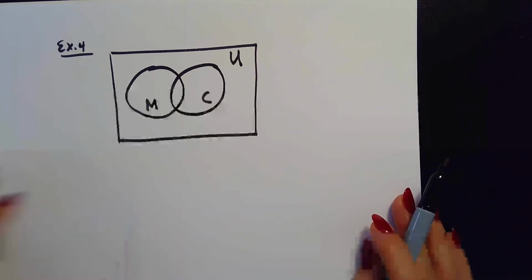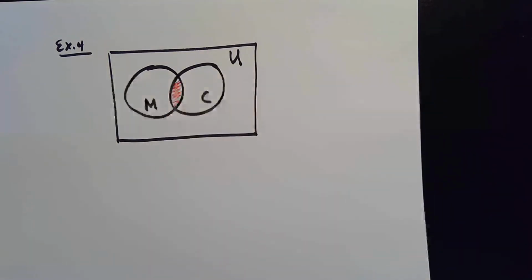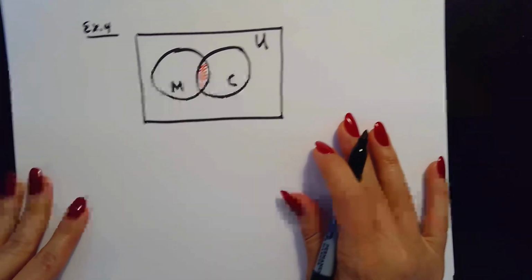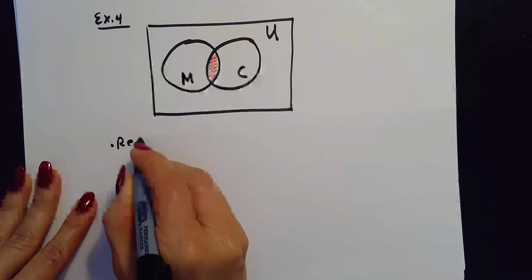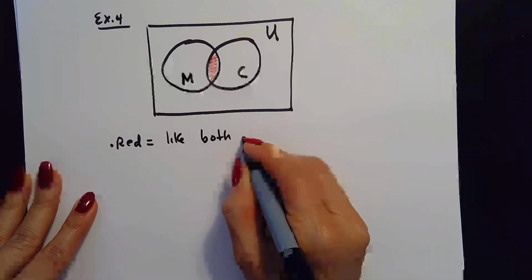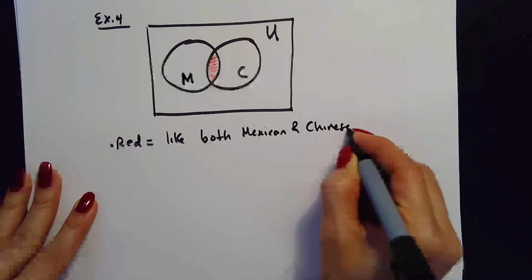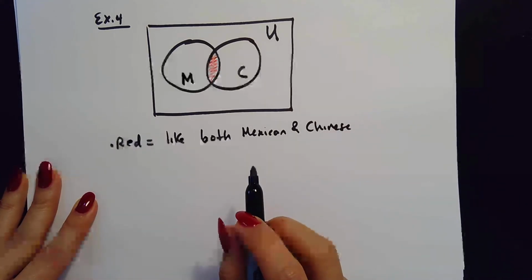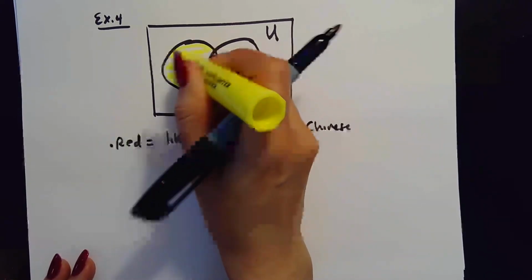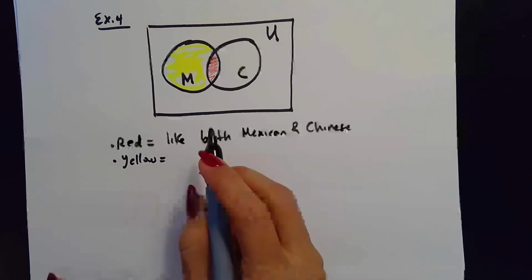And so if I let this one be the red here, in red I can write: those who like both Mexican food and Chinese, right? And then the yellow, if I use yellow for this area here, the yellow can be those who like Mexican only.